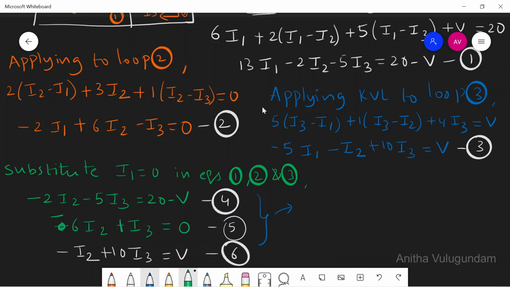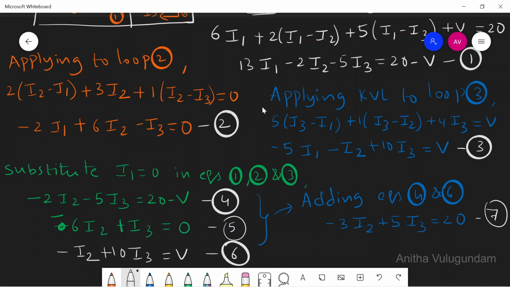Now adding equations 4 and 6, we will get minus 3I2 plus 5I3 equal to 20. Let this be equation 7.